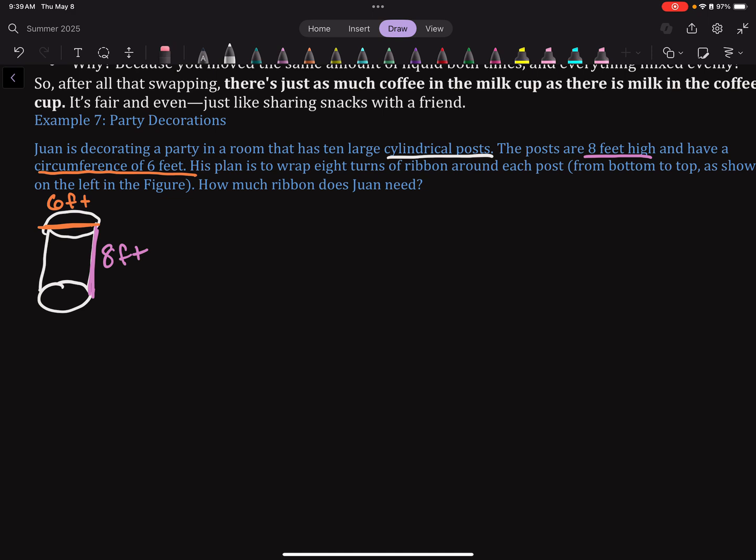However, if you unfold a cylinder, it's actually a rectangle. You ever take a wrapper off of a soup can or off of a Coke bottle? Doesn't it come out to be a rectangle when you unwrap the little piece of paper?